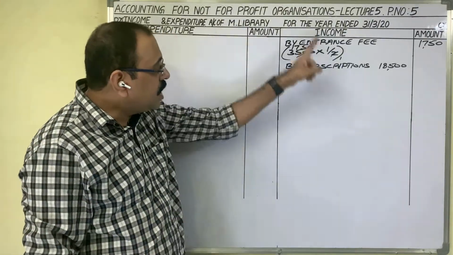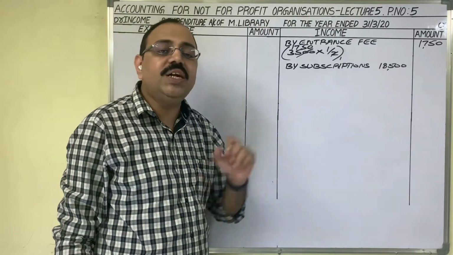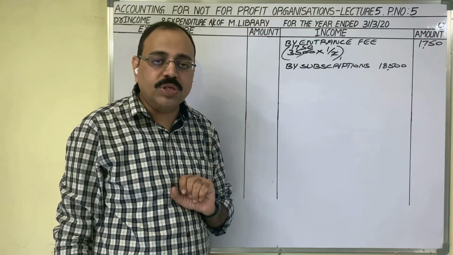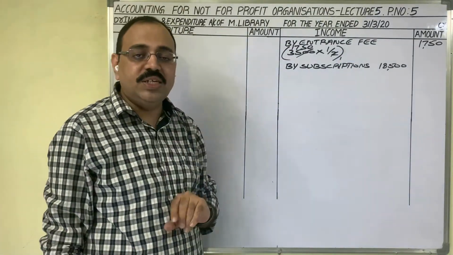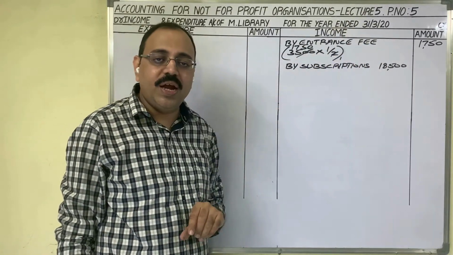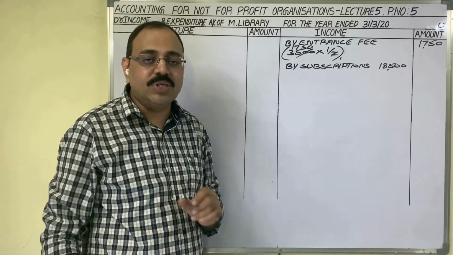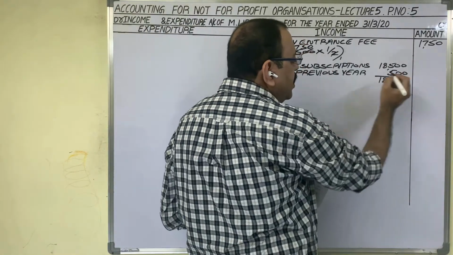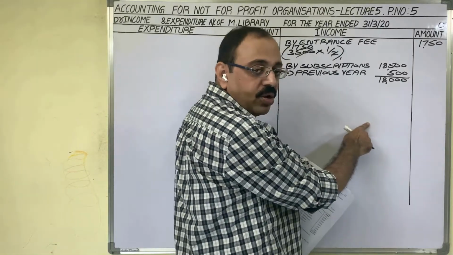We are preparing this income and expenditure account to know the current year surplus or deficit, so only current year incomes and current year expenses should be considered. But in this amount, last year's amount is also included, so we should not consider it. Therefore, we subtract that amount: minus previous year 500 rupees. I am writing the remaining amount 18,000 in the inner column only because other adjustments are also there.